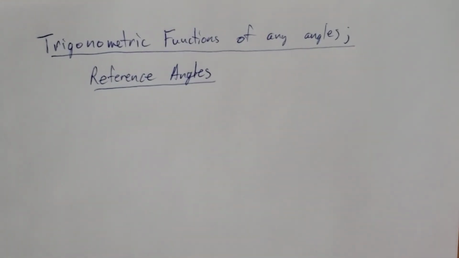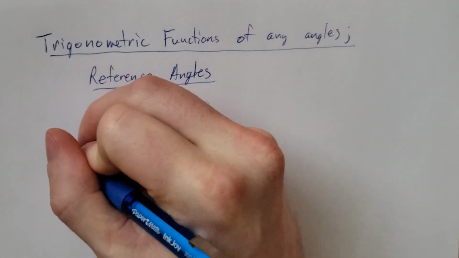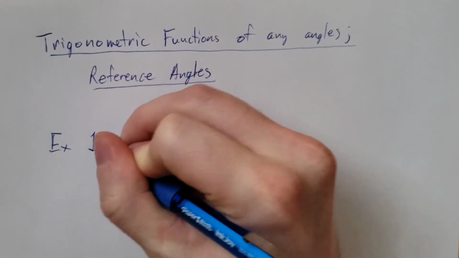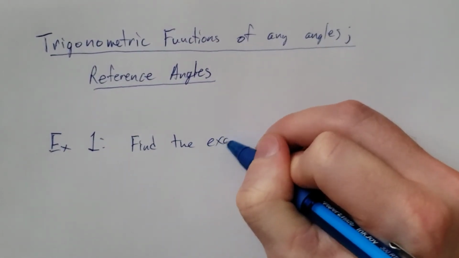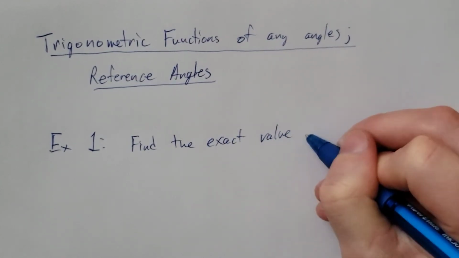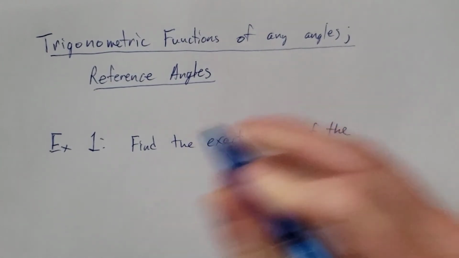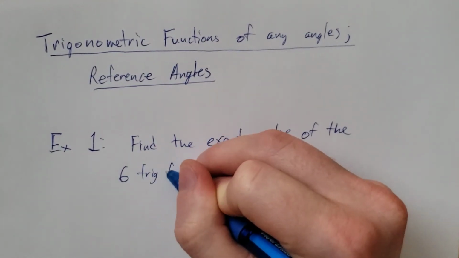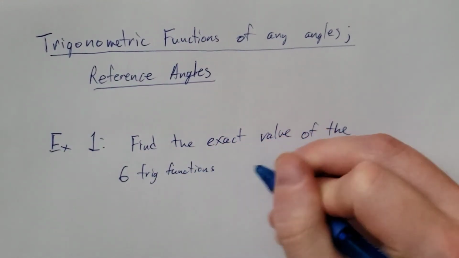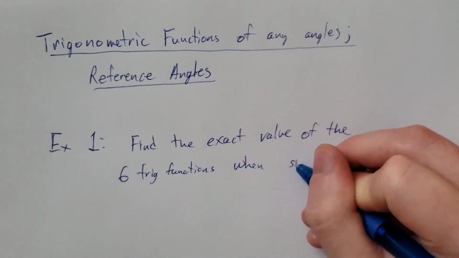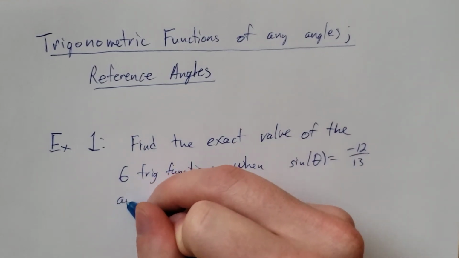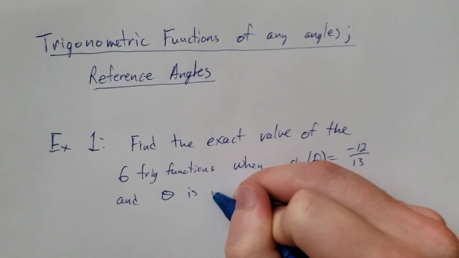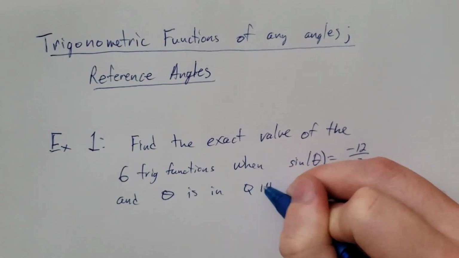In today's video, we're going to cover trigonometric functions of any angles and reference angles. We are going to start with an example here: find the exact value of the 6 trig functions when sine of theta is equal to negative 12/13 and theta is in quadrant 3.